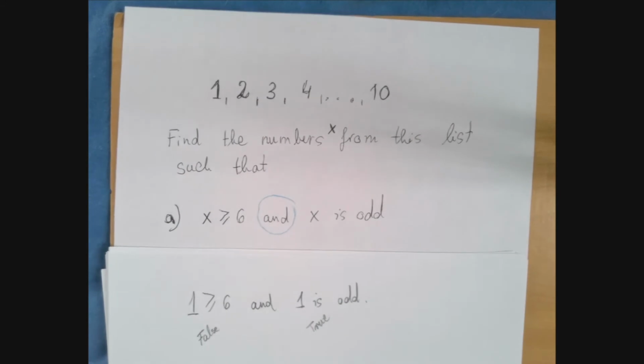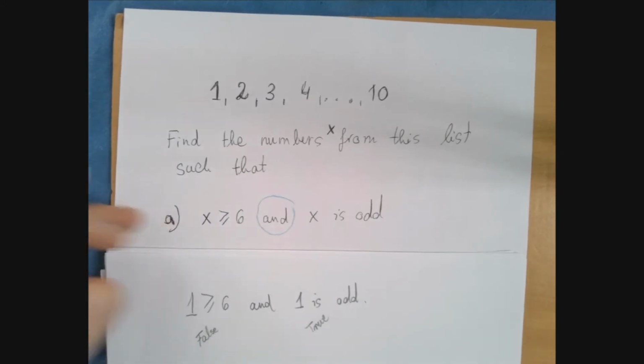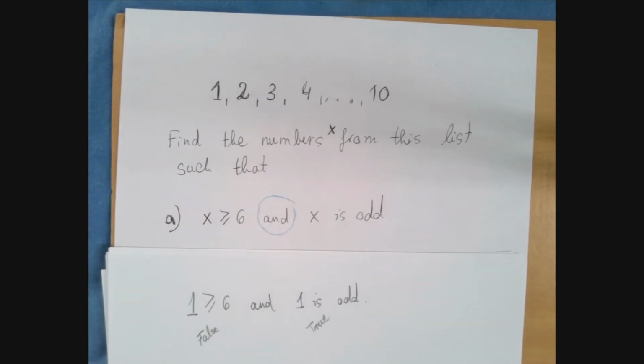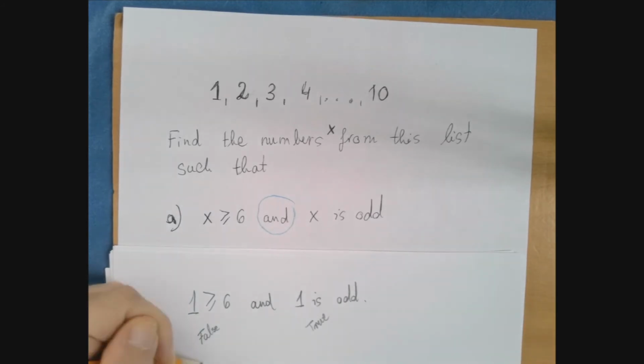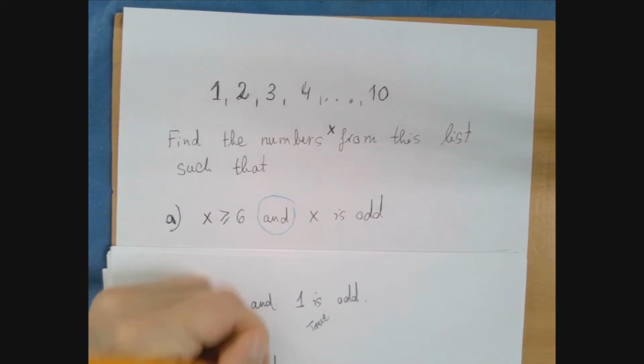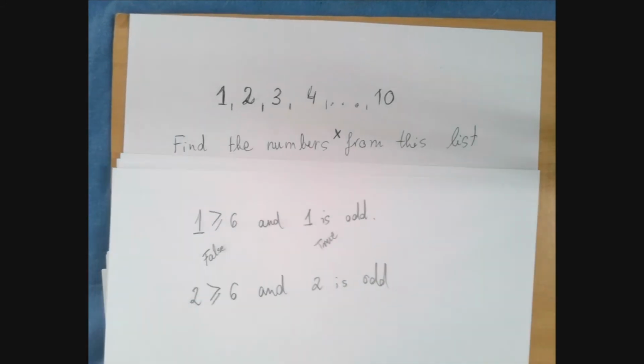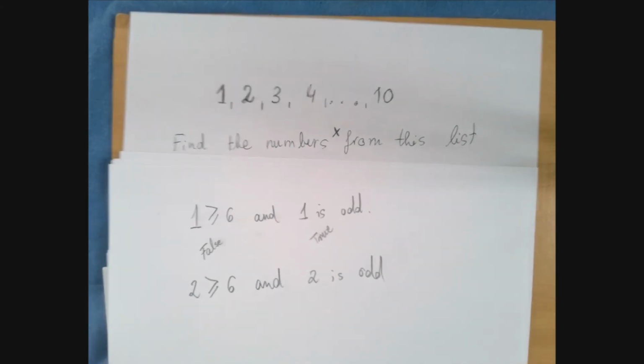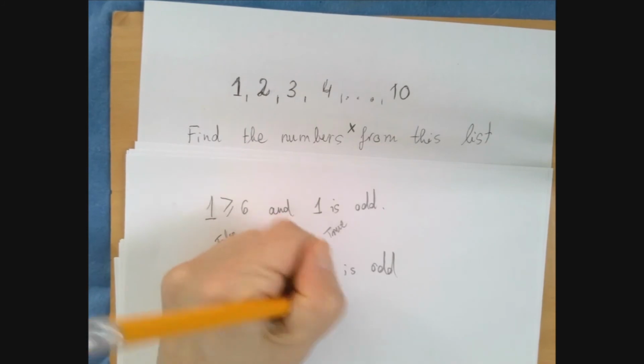Then we roll up and we're going to play this 9 more times until we've tested all 10 numbers. 2: greater than or equal to 6 and 2 is odd. Well, that's even worse, right? Now we have 2 false statements. So we have false, false.